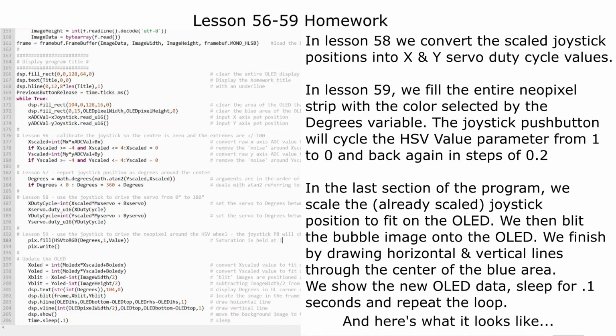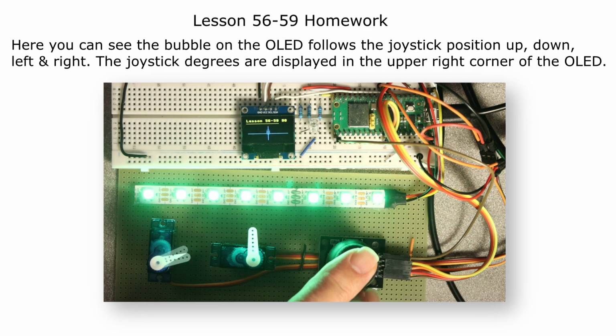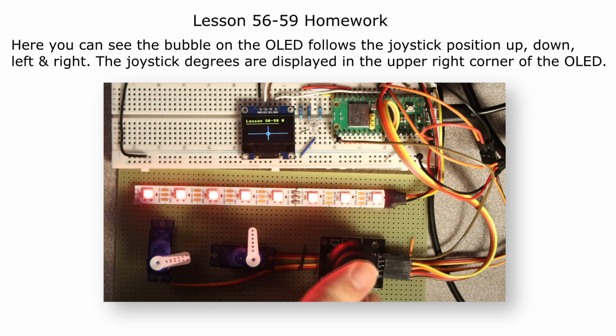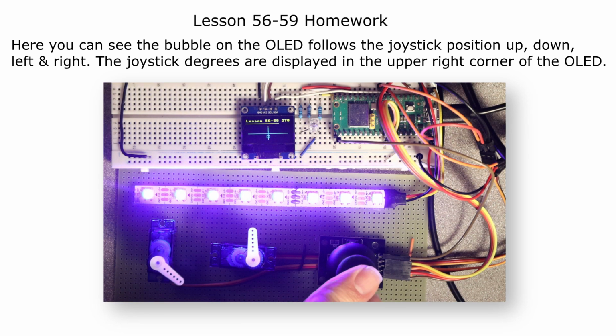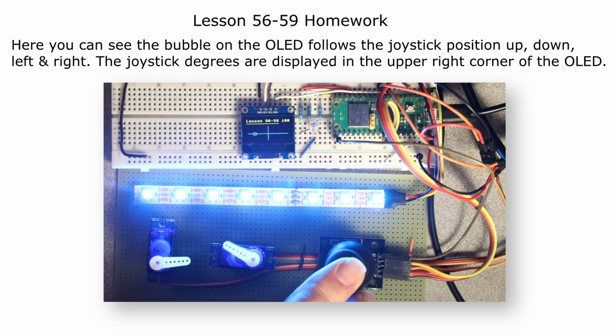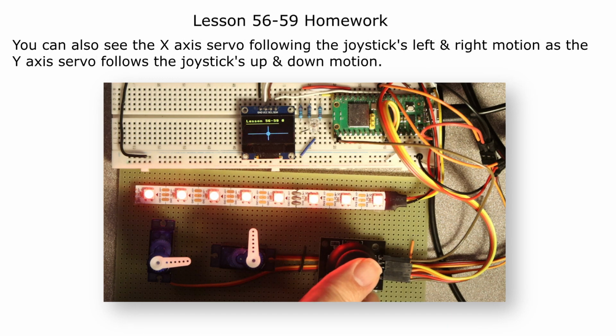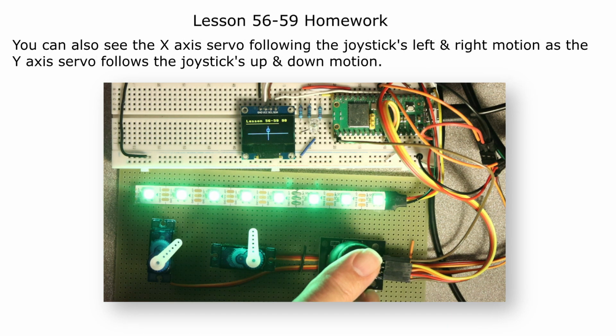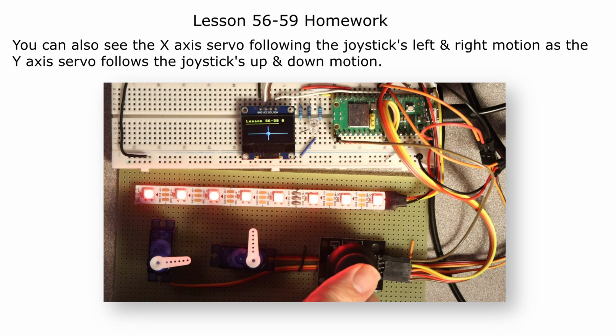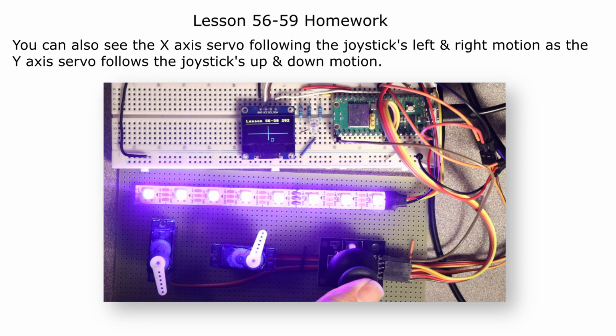And here's what it looks like. Here you can see the bubble on the OLED follows the joystick position up, down, left, and right. The joystick degrees are displayed in the upper right-hand corner of the OLED. You can also see the X-axis servo following the joystick's left and right motion, as the Y-axis servo follows the joystick's up and down motion.